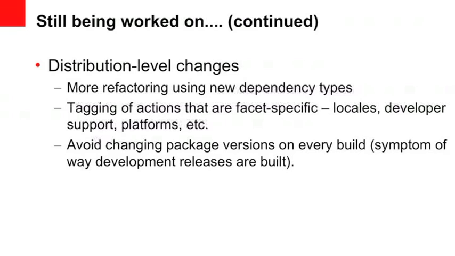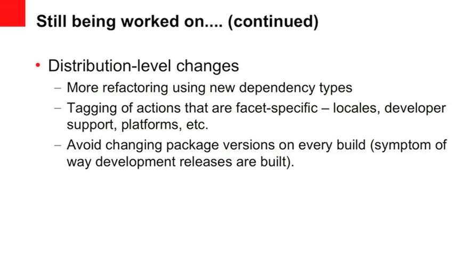Okay, and distribution level changes. We're going to do more package refactoring. We do not yet have as fine a granularity of packaging as we would like. We install too much in some areas, so we're going to be splitting things up.